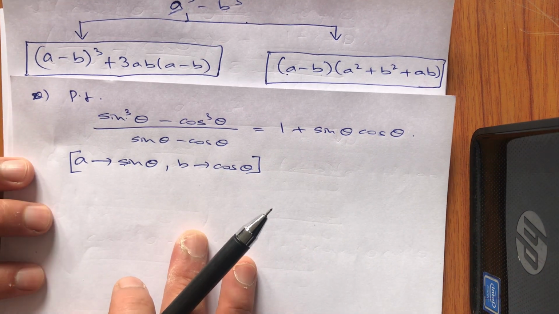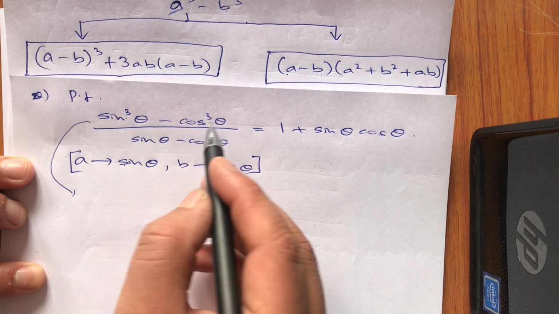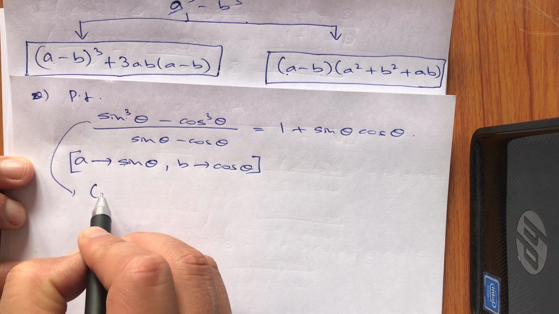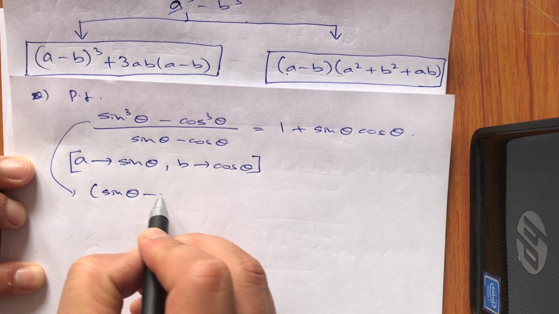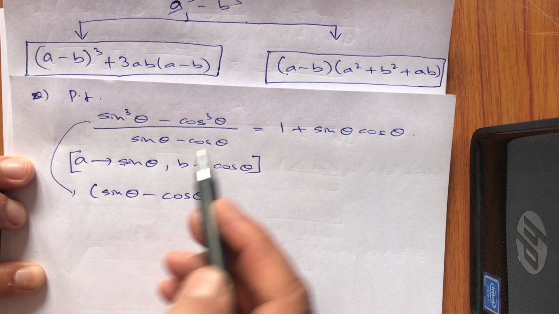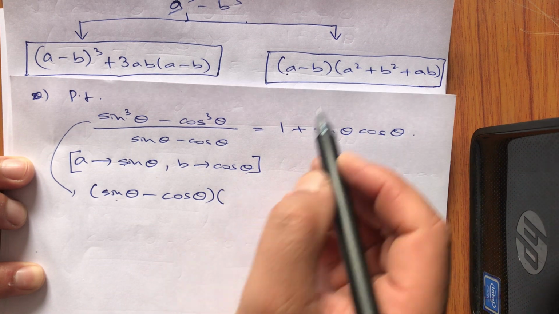So when I apply the formula, what will happen from here? a cube minus b cube, sine cube minus cos cube, means a minus b. A here is sine theta, so I put sine theta, and it's a minus as per the formula, and b is cos theta. A minus b: sine theta minus cos theta. Then in the bracket it says a square.